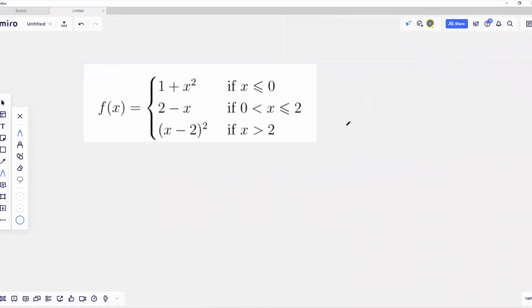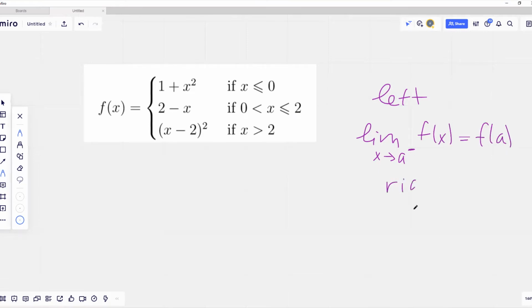All right, so let's recall that our function is continuous from the left of some point if limit as x is approaching point A from the left is equal to the value of function at that point. And it is continuous from the right if we are approaching some point A from the right, and this limit is equal to the value of function at that point.